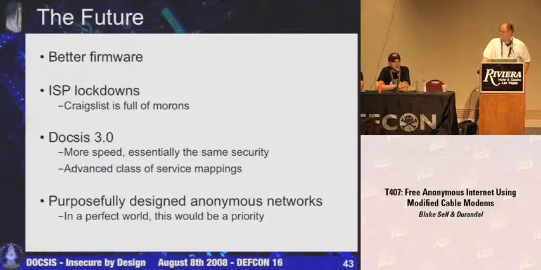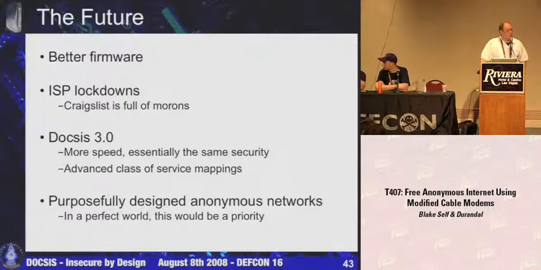Charter and Cablevision also announced recently that they're rolling out 3.0 this year, following Comcast. The other thing involved with DOCSIS 3.0 is advanced class of service mappings, which means if you try to grab a config and force a speed, it tells you no. So really you're stuck at a speed that is assigned specifically to that MAC.